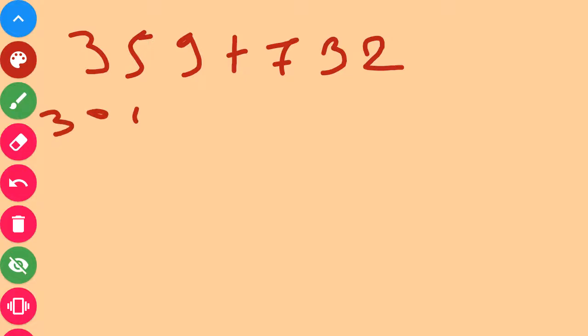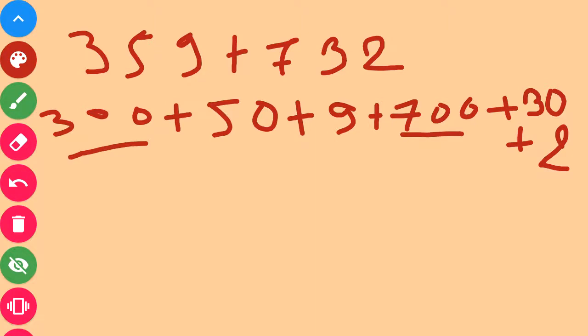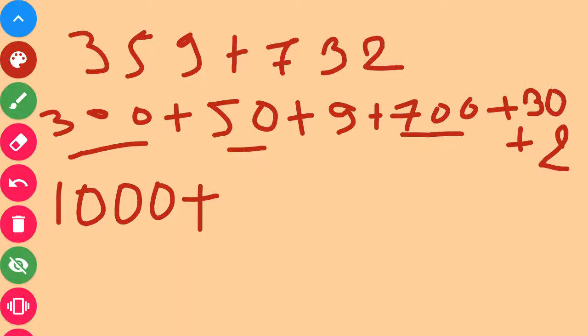300 plus 50 plus 9. Adding to it 700 plus 30 plus 2. Okay. Now we will add 300 and 700. Adding 300 and 700 will give us, yes, 1000. Now we will add the numbers at the tens place, 50 plus 30. 50 plus 30 will give us 80.